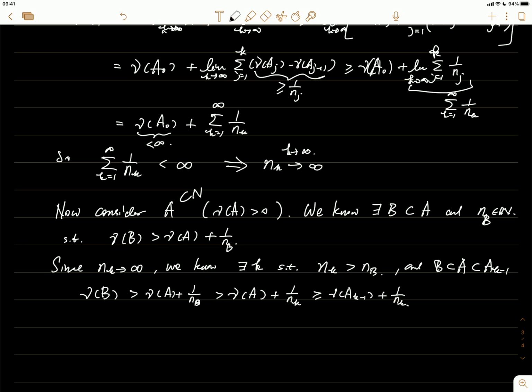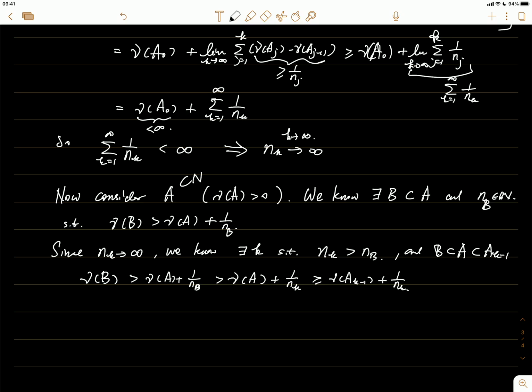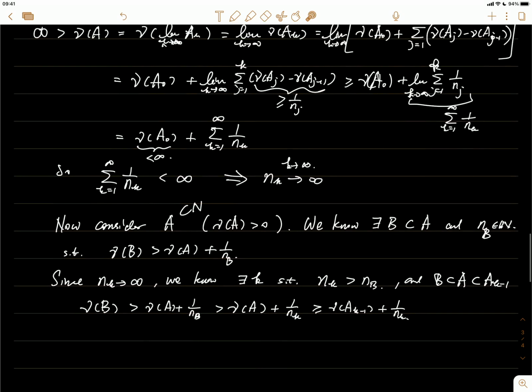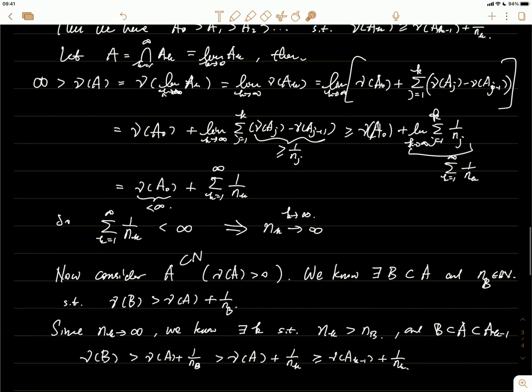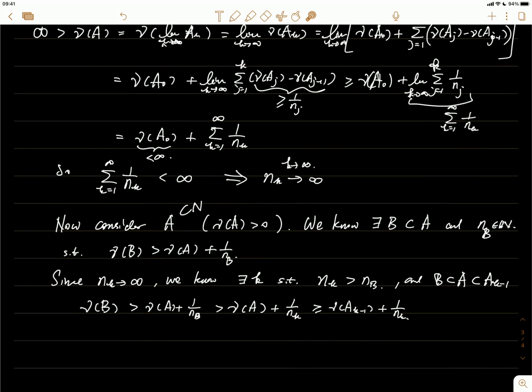So what we have done so far is that we found a subset of A k minus 1, which is this B here, such that nu of B has an nB which is even smaller than the nK that we found earlier, which was supposed to be the smallest value. Right now we found some nB which is even smaller, such that this subset B has a measure bigger than nu of A k minus 1 plus 1 over nK. Then that is a contradiction to the choice of nK and the choice of AK we found before.